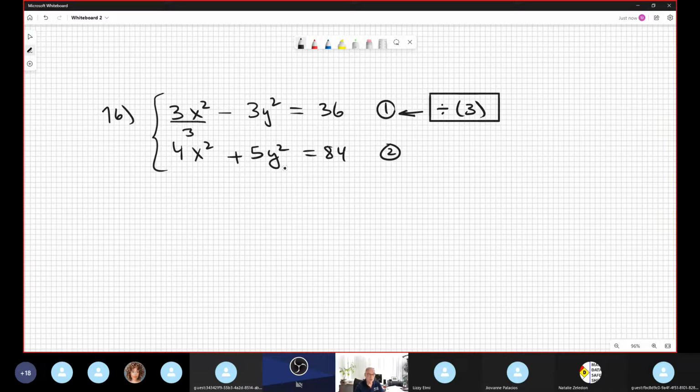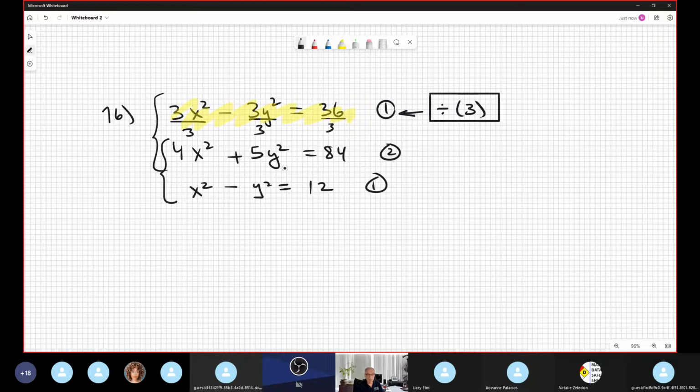And the new equation is 100% equivalent to the original. So it's x squared minus y squared equals 12, which is 36 divided by 3. And this is my first equation. Yeah, and this is history. I don't use it anymore. We focus on this system.